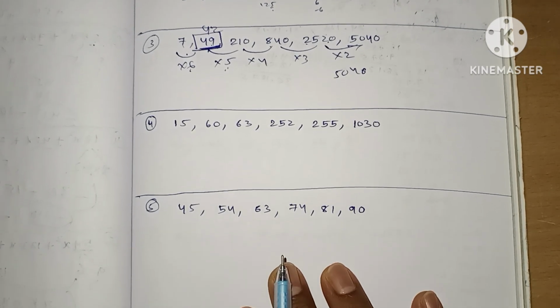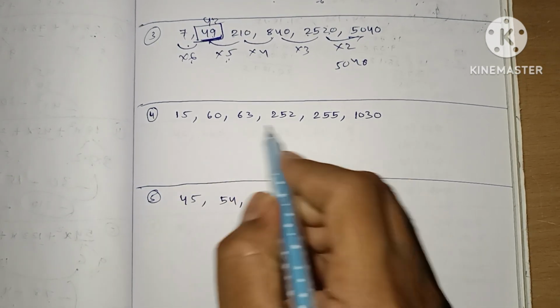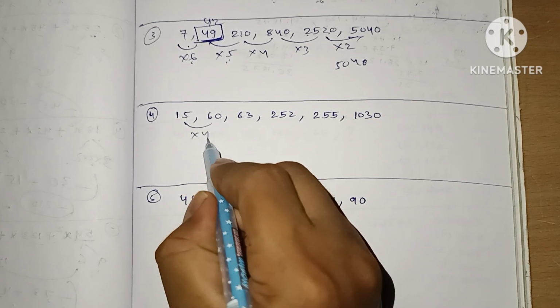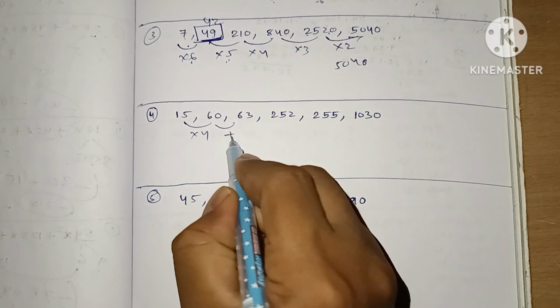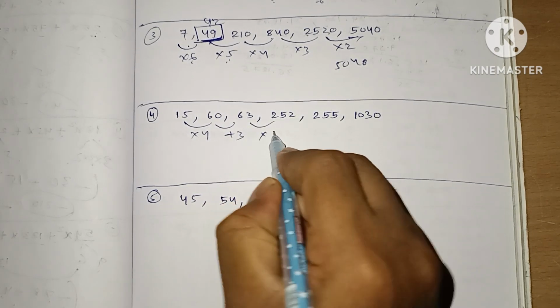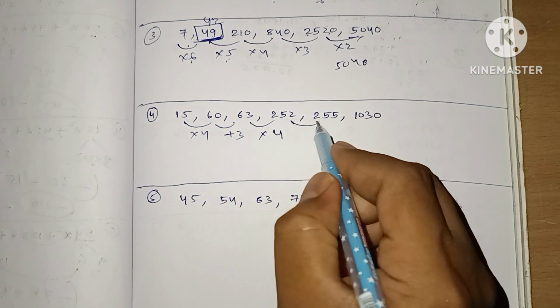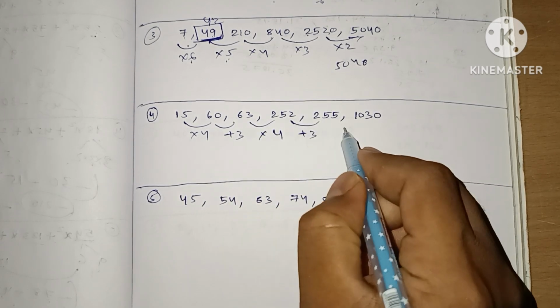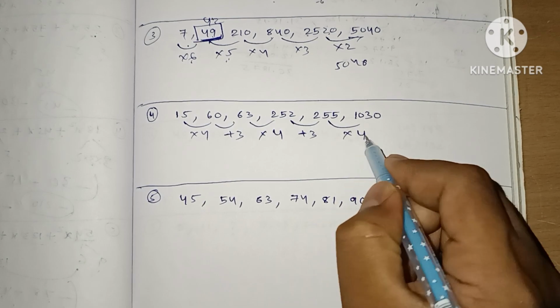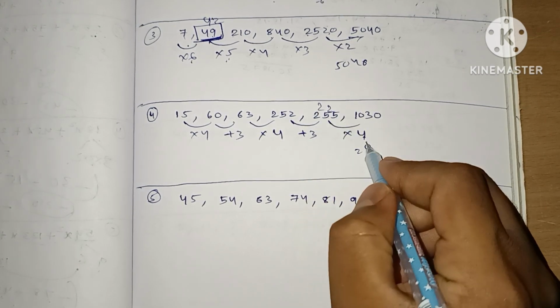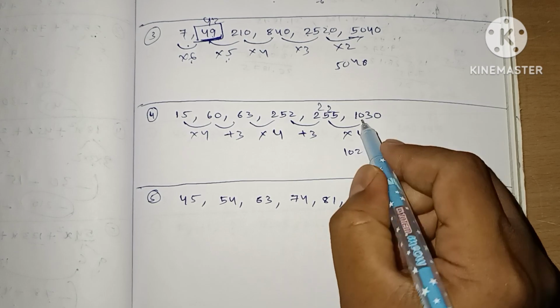Next one. Here it is clear that it is into 4 times. Here it is plus 3 into 4. 3 times 4 is 12, and 252. Okay. It must be plus 3. So it must be into 4 times. 5 times 4 is 20, 4 times 5 is 20, 5 times 2 is 10, 1020, not 1030.